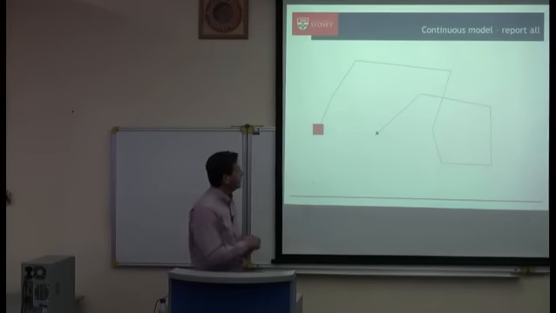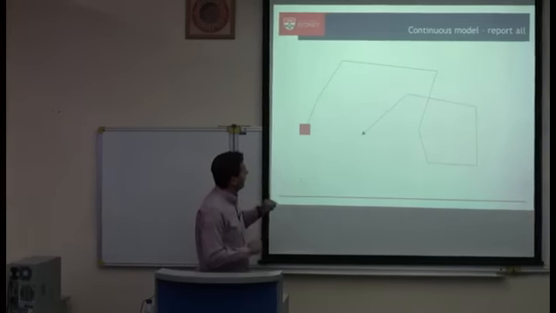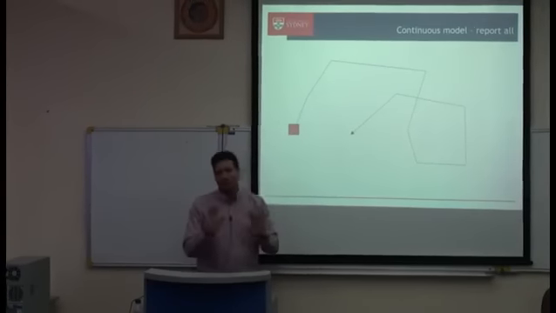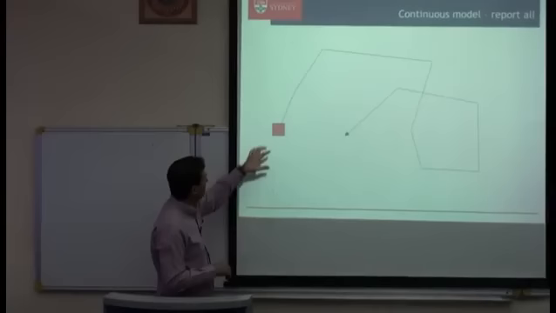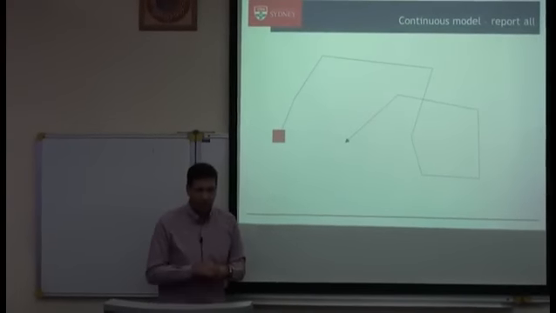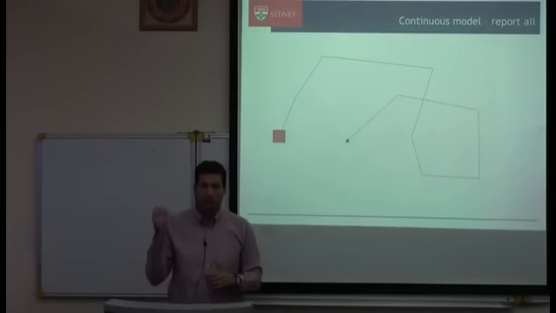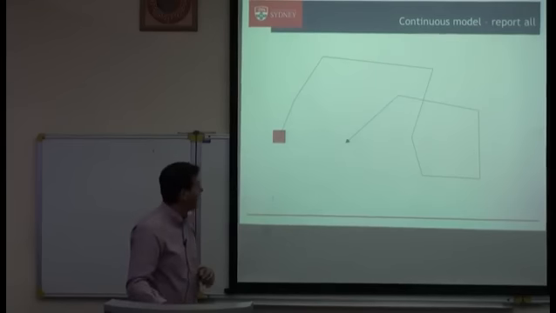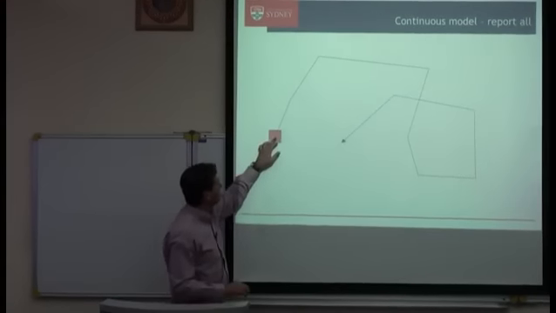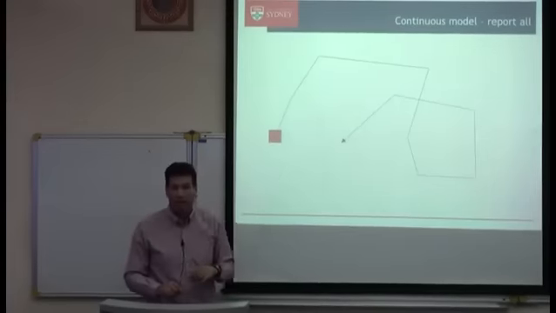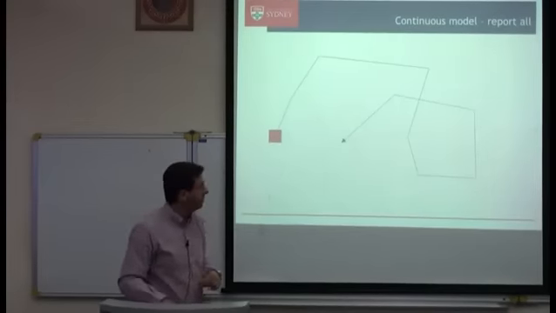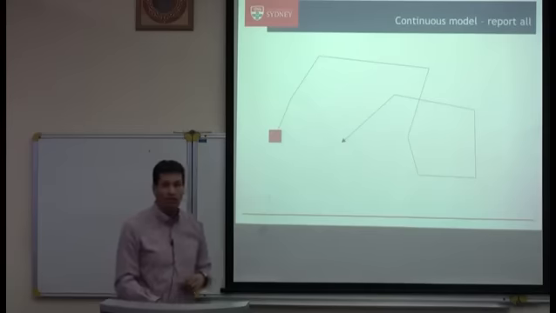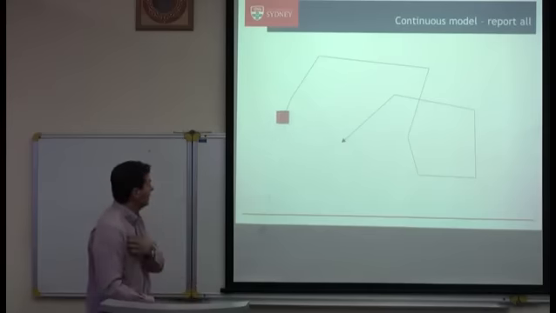Okay, so let's look at this problem. This is my trajectory. Say I only look at one trajectory at a time now. Then I take a square of radius r, which could be my potential popular place, and I put the center of this square at the start of the trajectory. Now I just sweep the square along the trajectory.